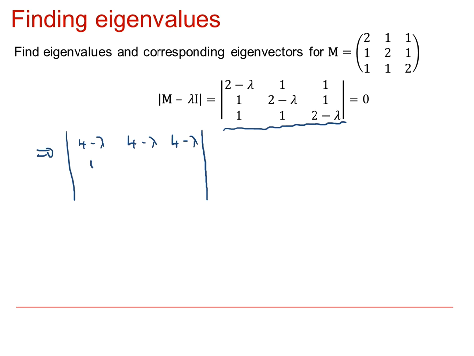The second and third rows, of course, don't change. But that means that we can then take out 4 minus lambda as a factor from the top row.